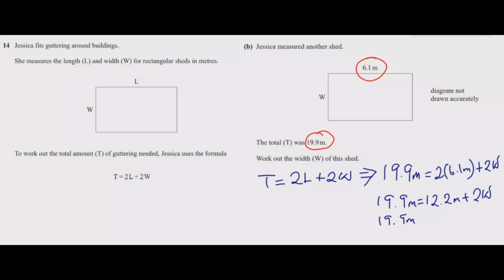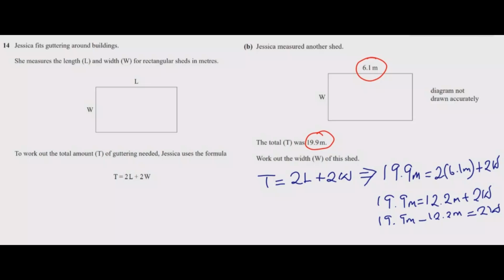So we're going to have minus 12.2 meters, which is equal to 2W. Okay, so we want to find the width.